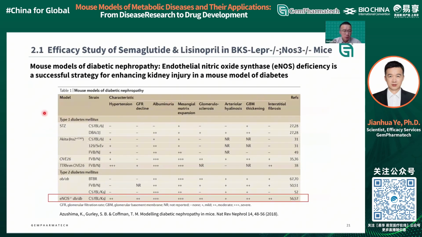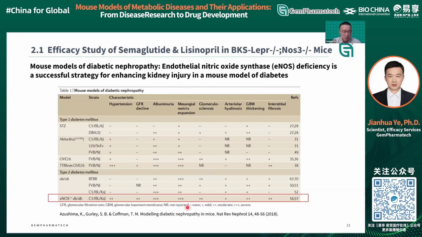So in this paper, the authors compare many different types of diabetic nephropathy mouse models, and they conclude that the endothelial NOS deficiency, which is another name of NOS3, is a very successful strategy for enhancing kidney injury in a mouse model of diabetes.